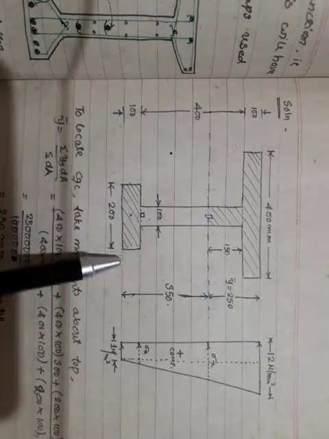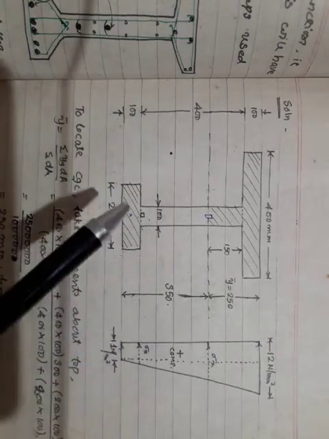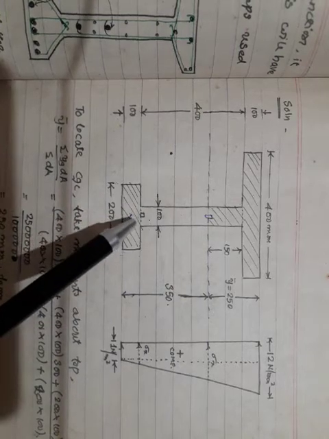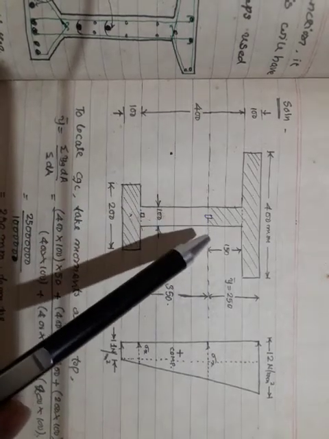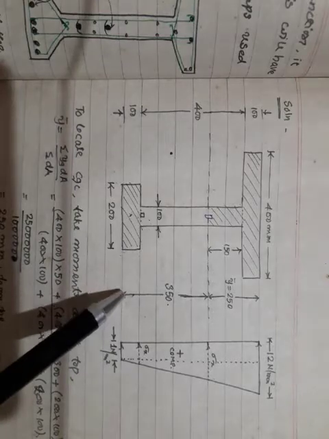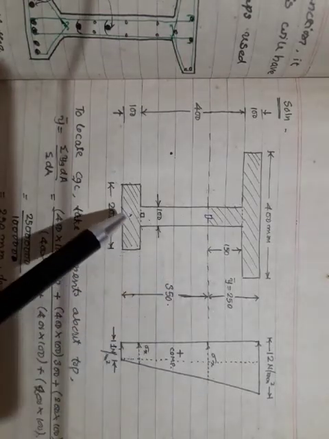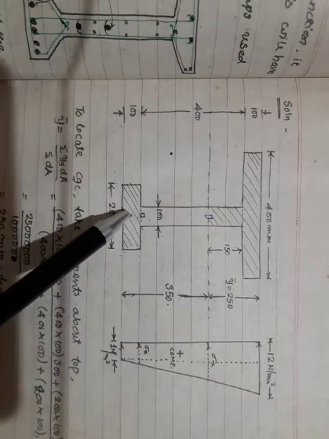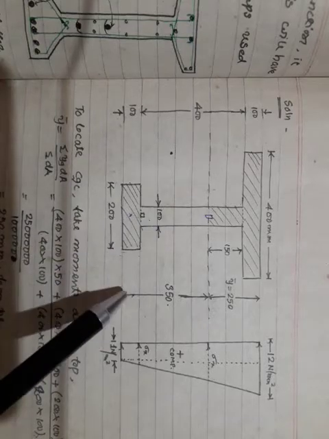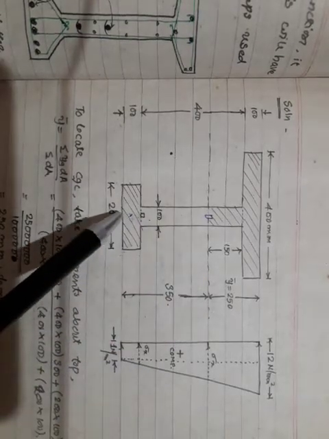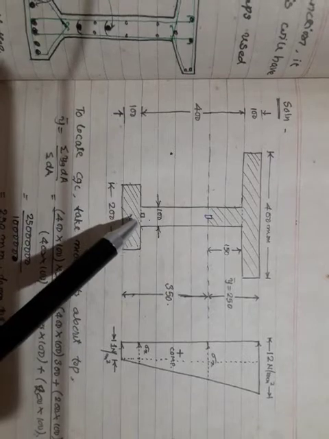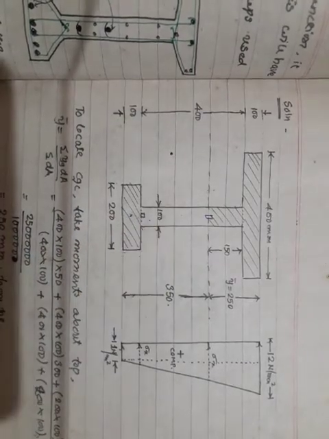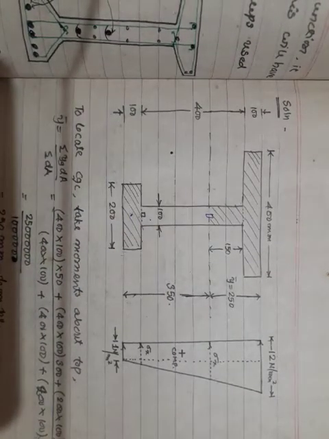Area is 200 mm into 100 mm, into lever arm. Lever arm is from here to the CGC. Full thing is 350, 350 minus 50. 300 mm is the lever arm from here to here. So now A y bar is calculated.